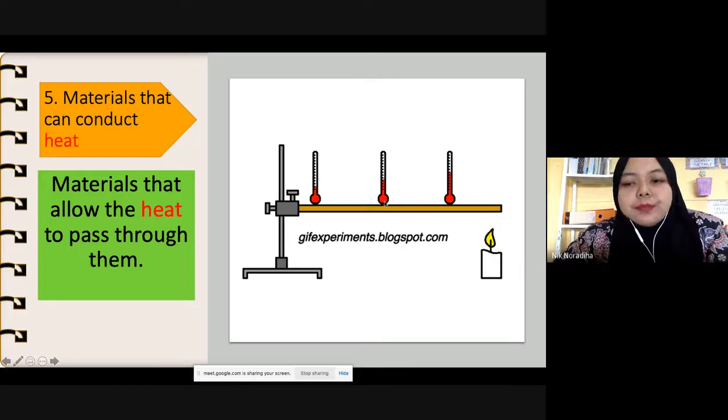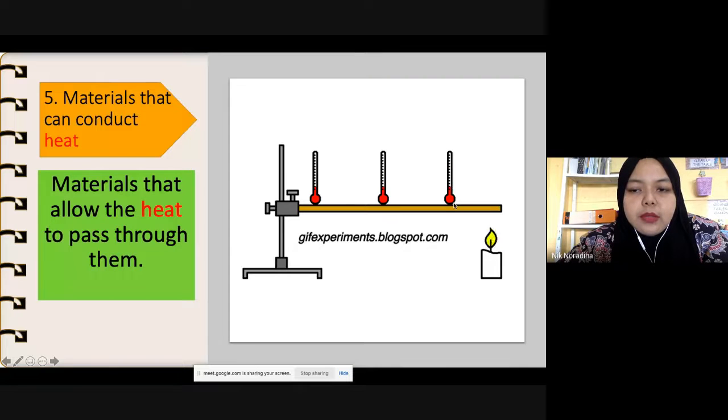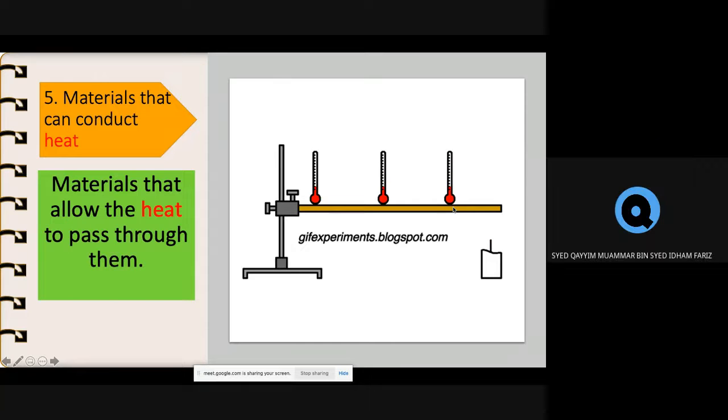Okay, so if you observe this diagram, we heat, we put the candle here. Then the first thermometer, the temperature of the mercury rise or not? Rise.